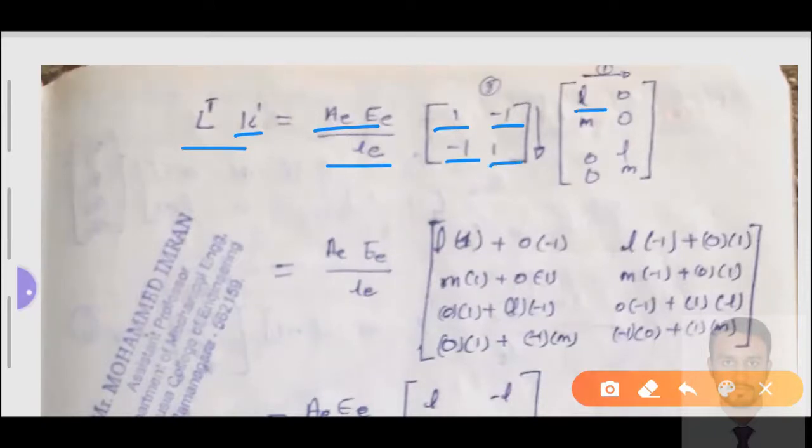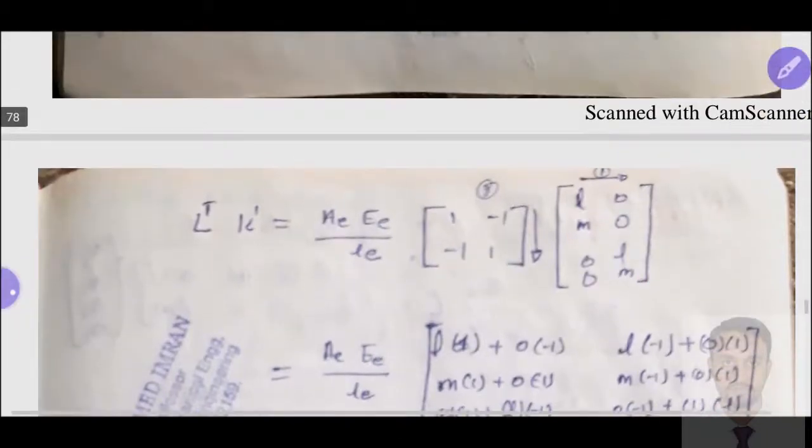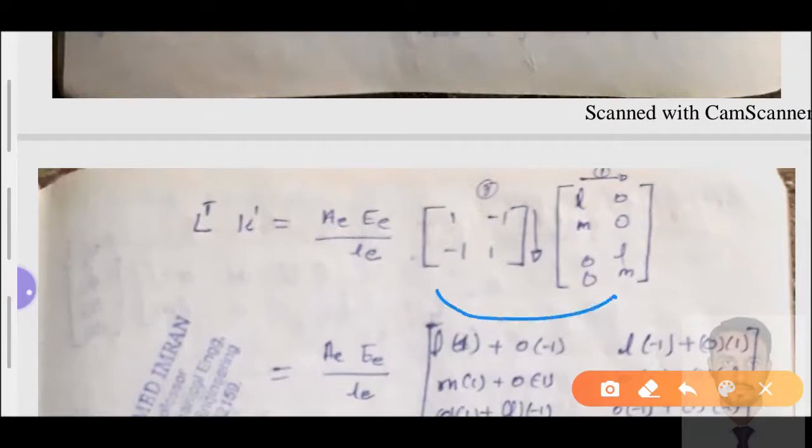So we have here L 0, M 0, 0 L, 0 M. We need to multiply first; I have just rearranged it here.